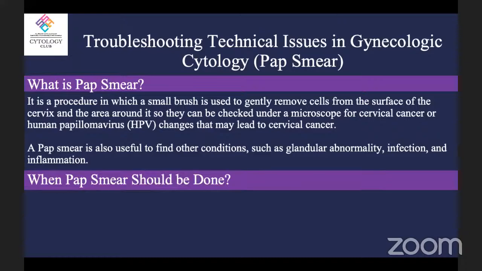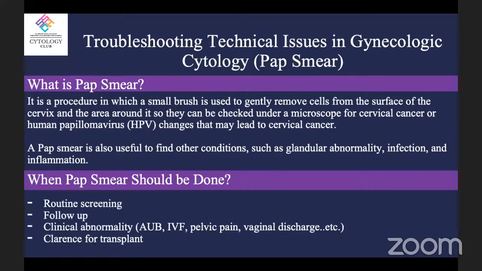So when should Pap smear be done? It's usually done for routine screening, follow-up of patients with history, abnormal clinical abnormality such as abnormal uterine bleeding, IVF patients, and for clearance for transplant patients.